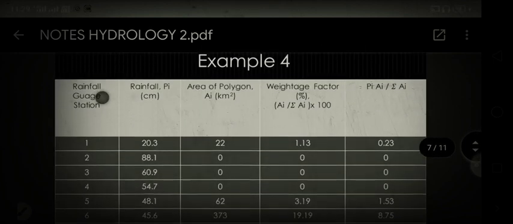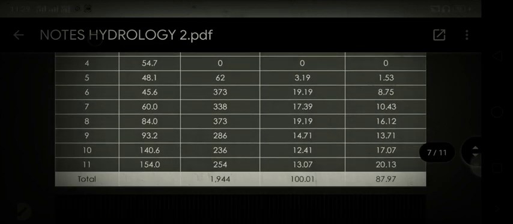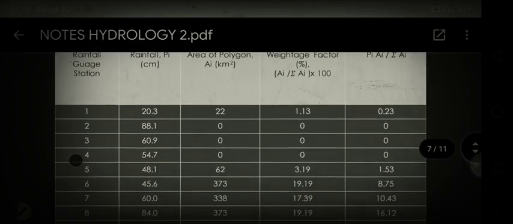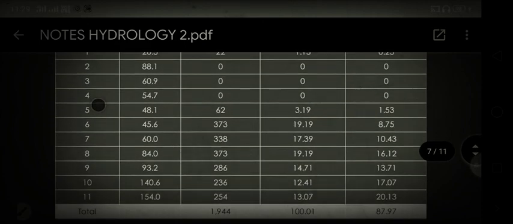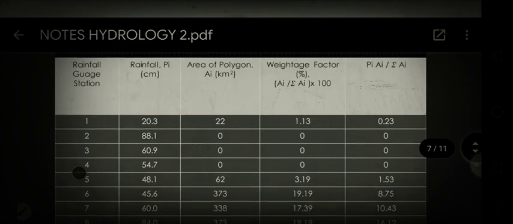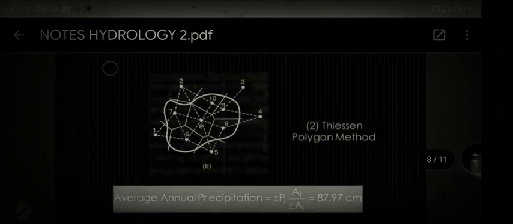Now come to the second example. Rainfall gauge stations are there, 1 up to 11, and the rainfall value in centimeter is given here, 20.3 up to 154.0. Here you can see the polygon.